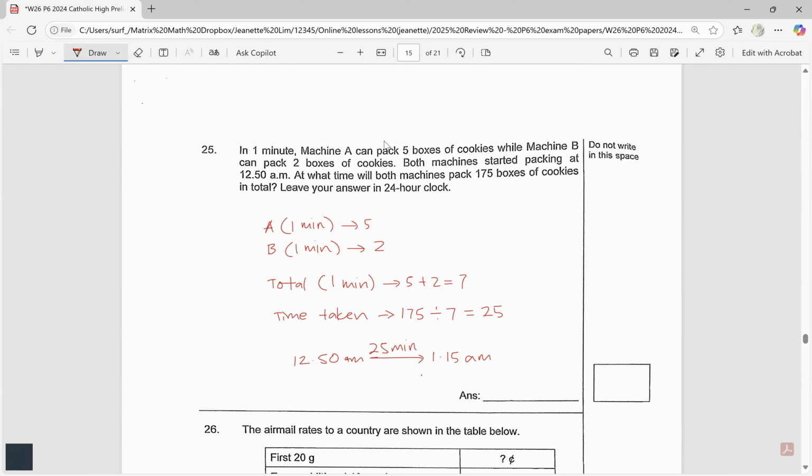So 1 a.m. is 01. Okay, 0115. So you need to know your conversion. You may know how to do the steps, but at the end of it, if you can't do your 24-hour clock, then your answer would be wrong. Okay, let's look at the next one.